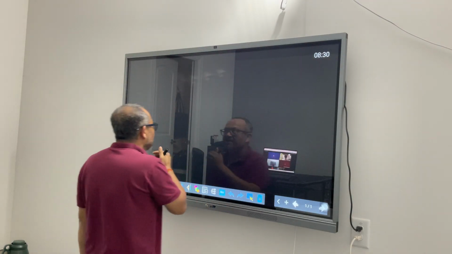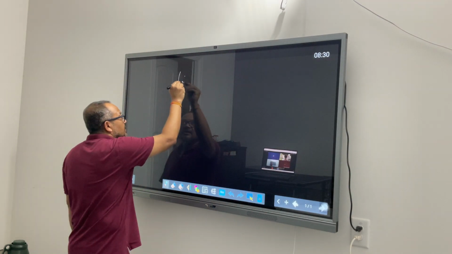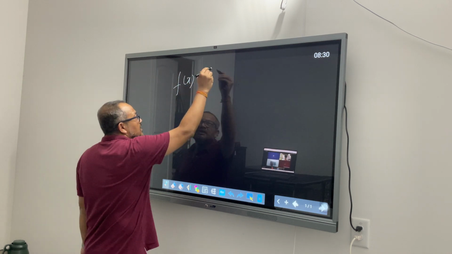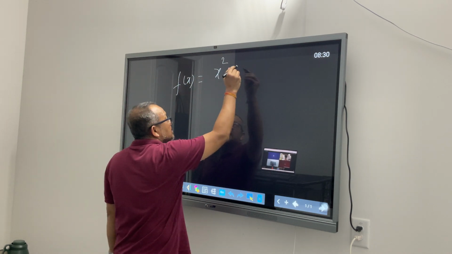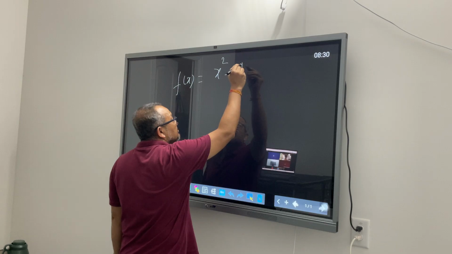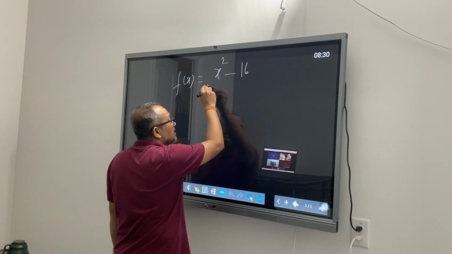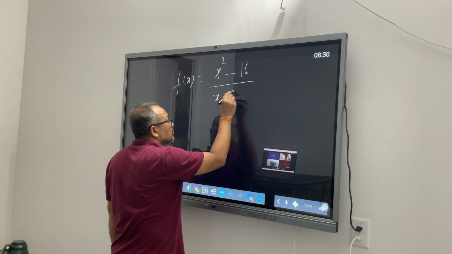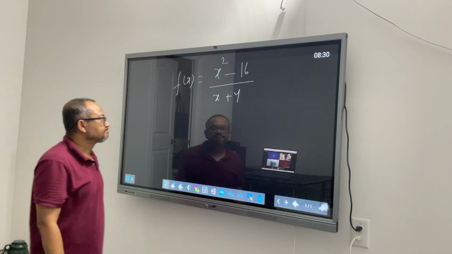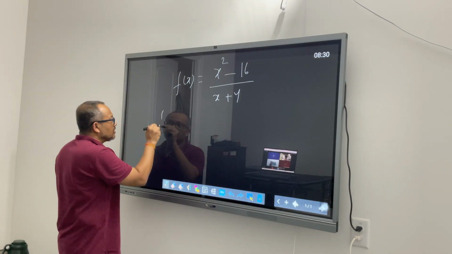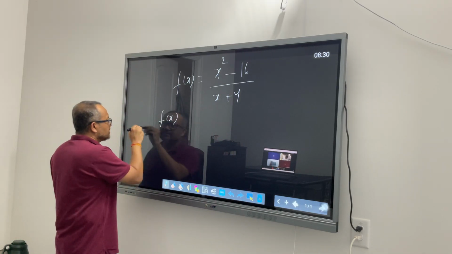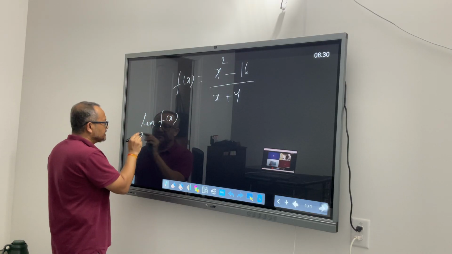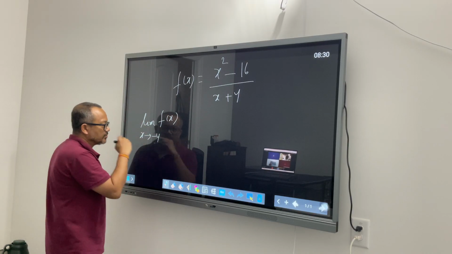Let's look at another scenario. Let's look at f of x equals x squared minus 16 divided by x plus 4, and we are trying to find the limit of f of x when x is approaching minus 4.